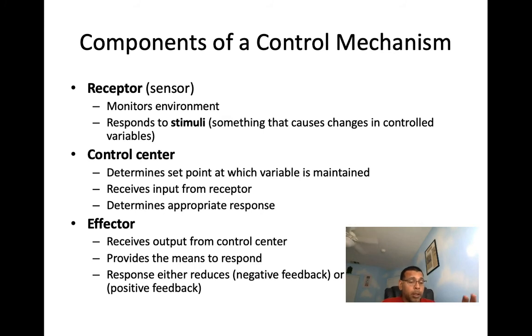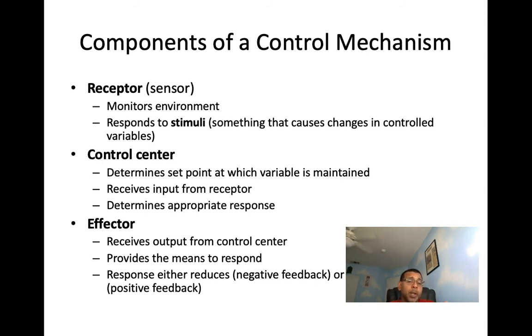Then the third component, the effector, provides the means for the control center's response, the output, to the stimulus. Now, the results of the response then feed back to influence the effect of the stimulus, either reducing it.